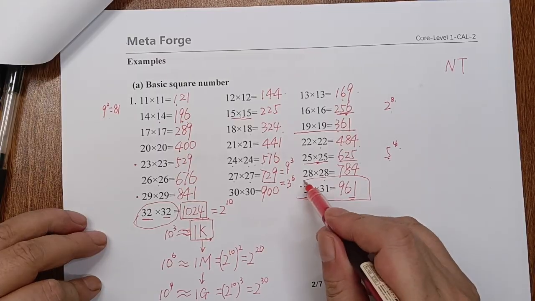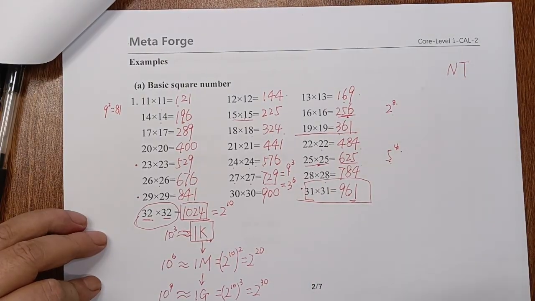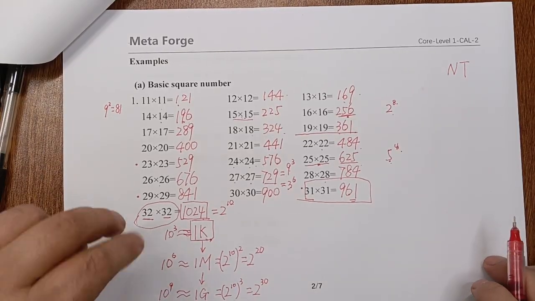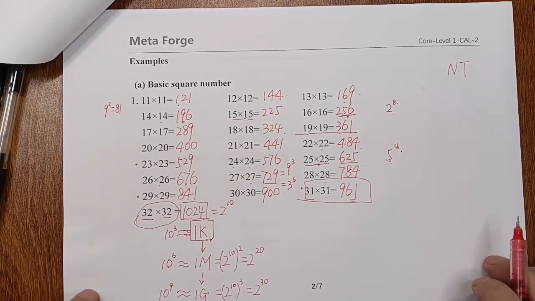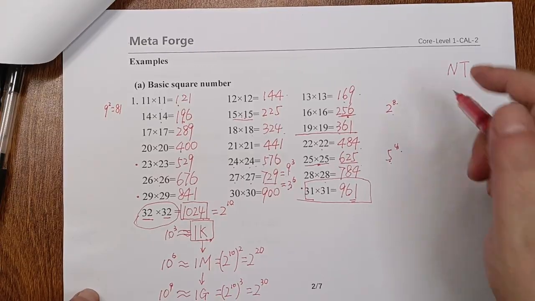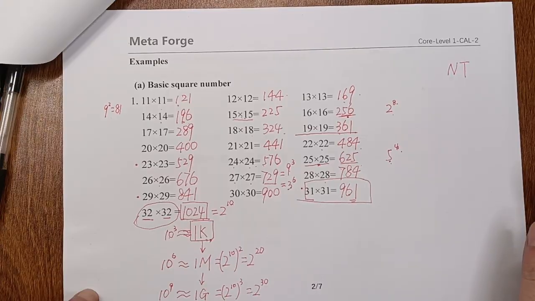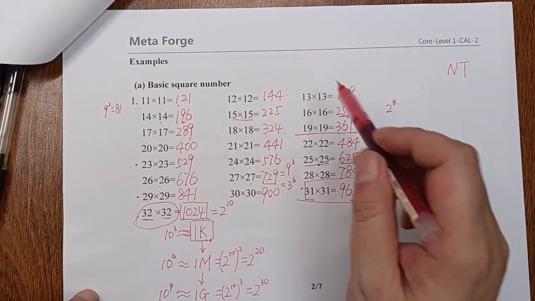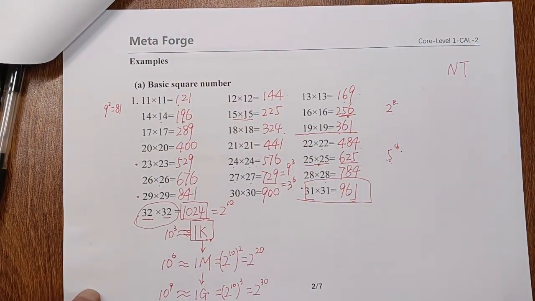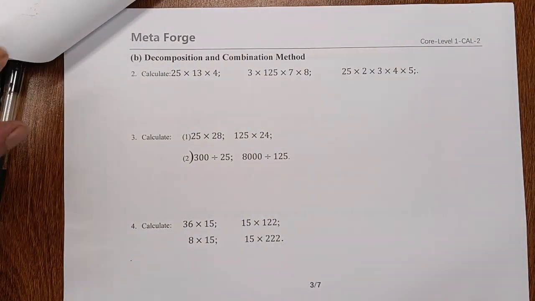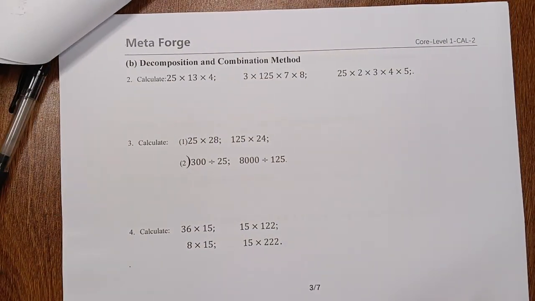And this one is the biggest one within 1000 in the square number world. Be very familiar with this table, just like a dear old friend. The first issue, basic square numbers.